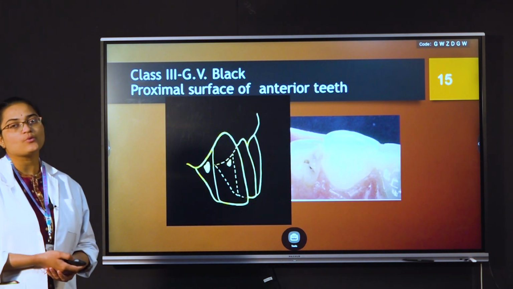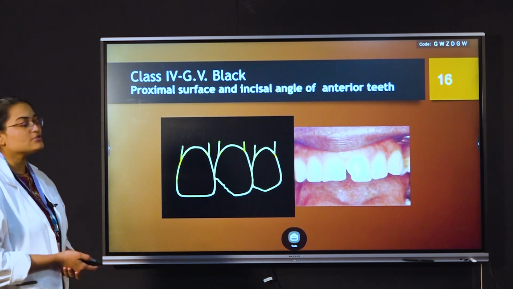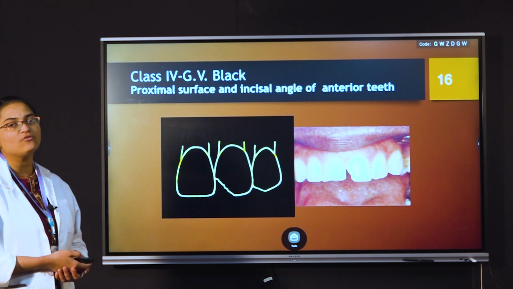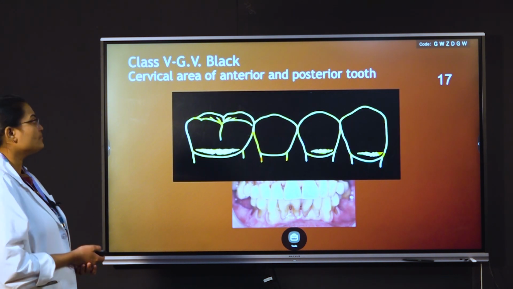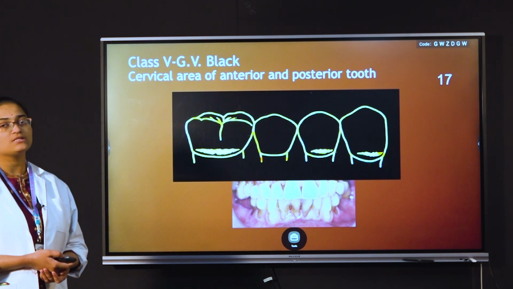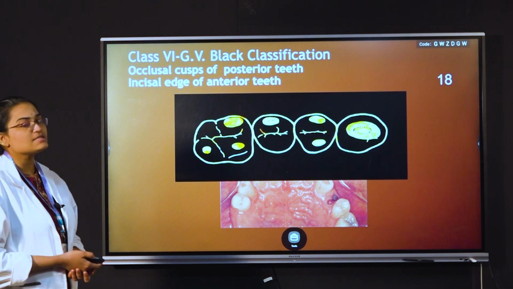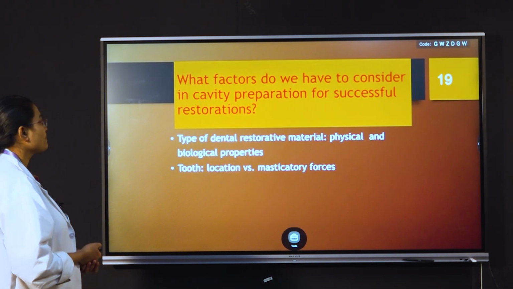Class 3 involves the proximal surface of the anterior teeth. Class 4 involves the proximal surface of the anterior teeth along with the involvement of the incisal. Class 5 is nothing but the cervical caries on all the teeth, either facial or lingual. Class 6 involves caries on the cuspal tips or the incisal edges.